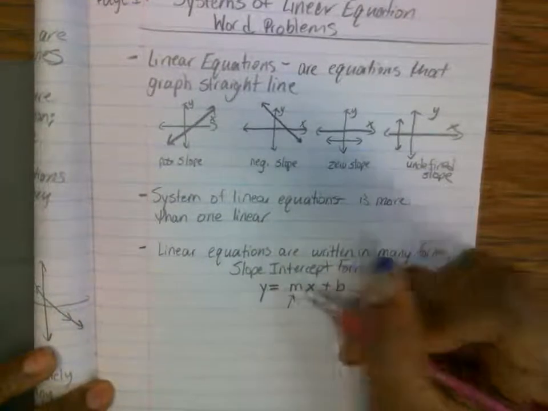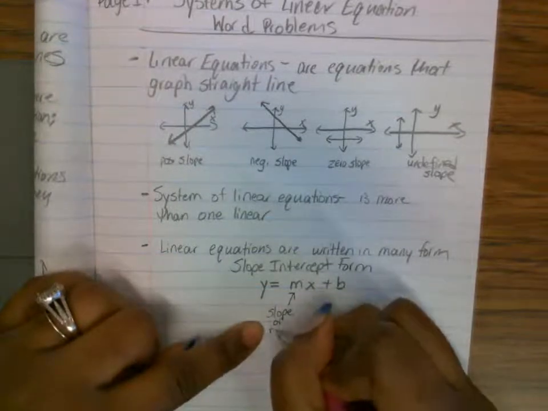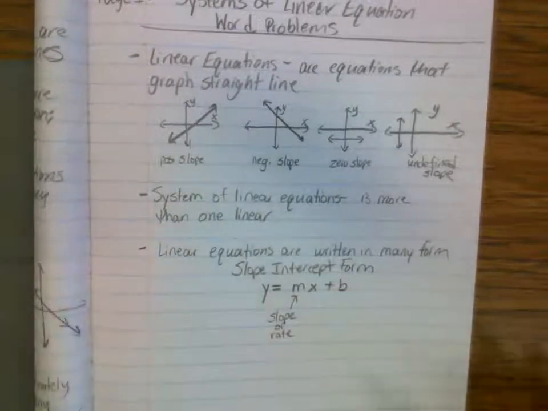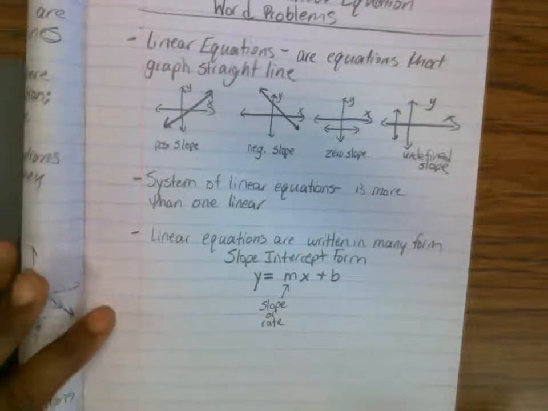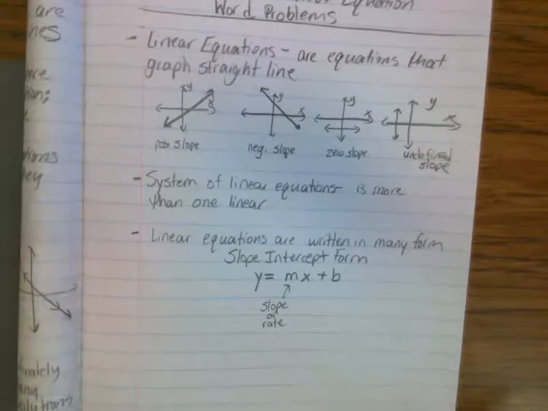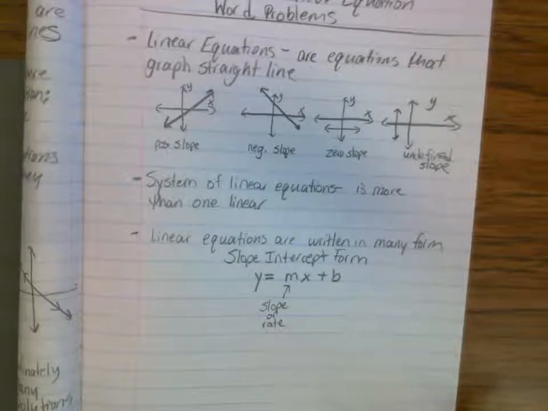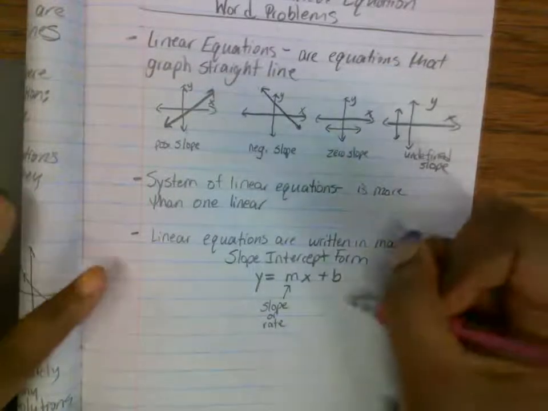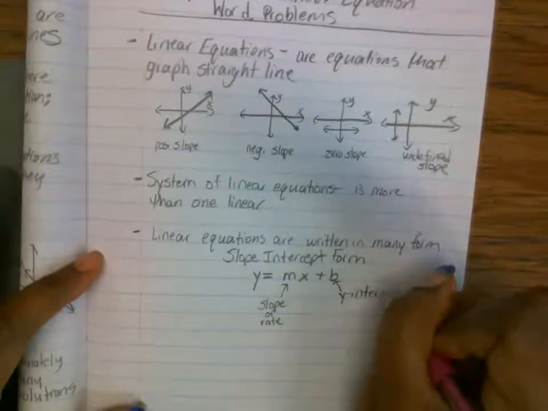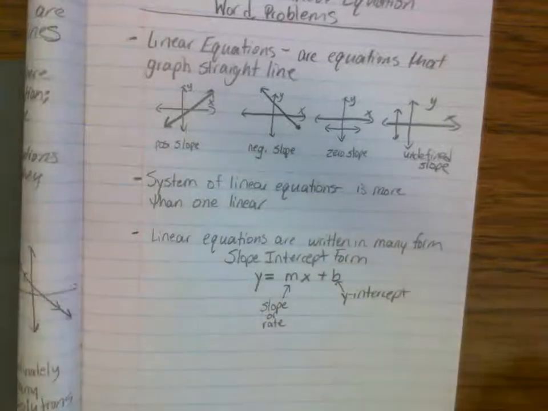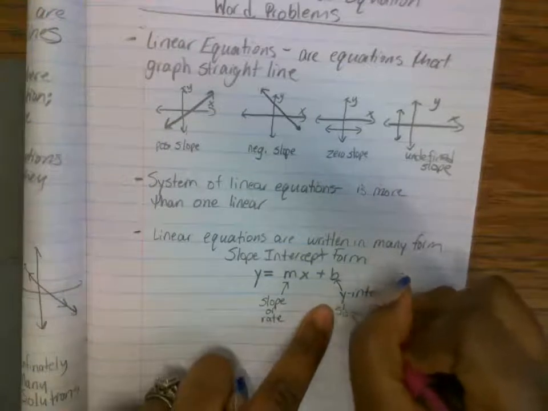The number that's attached to the x, we talked about this many times, is our slope or our rate. Rate of change and slope mean the same thing; they are synonyms. The number that has no variable attached to it is our starting amount, or our initial value, or our y-intercept, where the line crosses the y-axis.